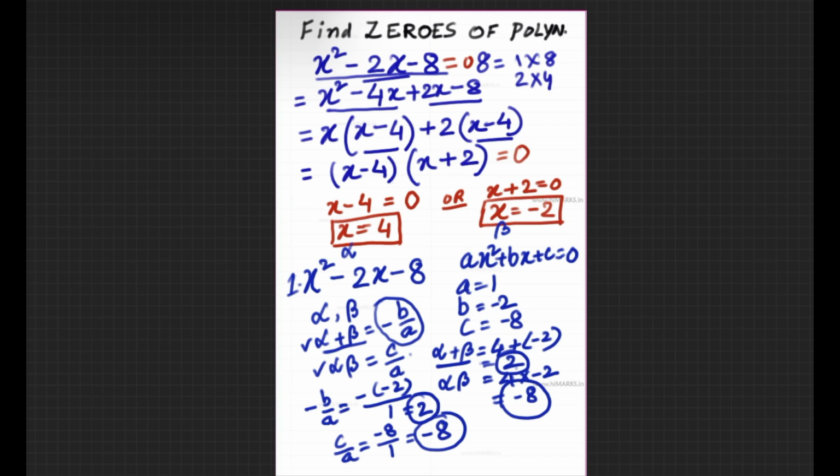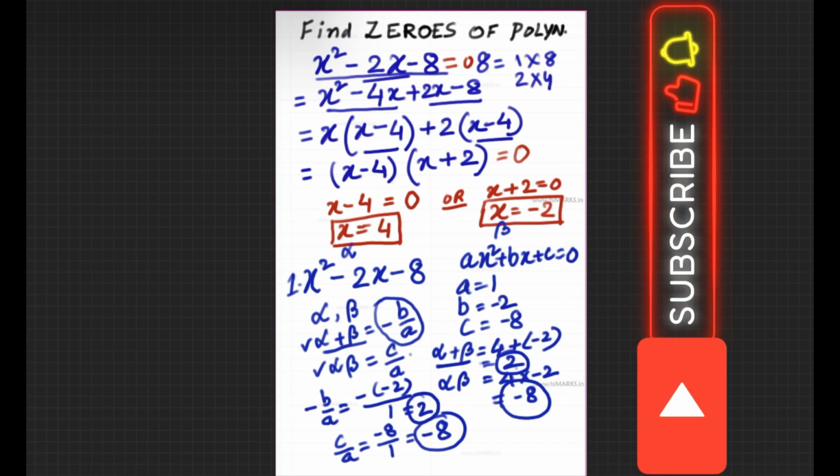So one relation, alpha plus beta equal to minus b by a, is established and its equality proven. In the same way, alpha into beta is minus 8, and c by a also gives minus 8 from the equation's constants, so alpha beta equal to c by a is also proven.